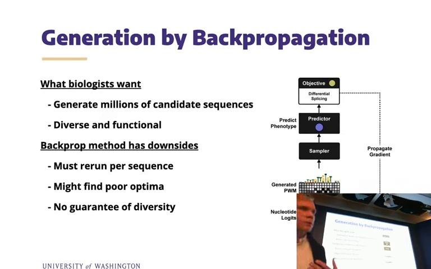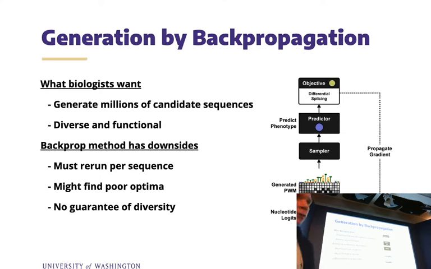So now if we take a step back, and I think Jennifer Lister also said this, typically we're interested in generating lots and lots of potential candidate sequences that are all highly diverse, but are all predicted to fulfill this functional target. And so this generation by backpropagation scheme has a number of downsides, essentially because every time you want to generate a sequence, you have to reinitialize your nucleotide logit matrix and rerun gradient descent all the way to convergence to get one sequence.